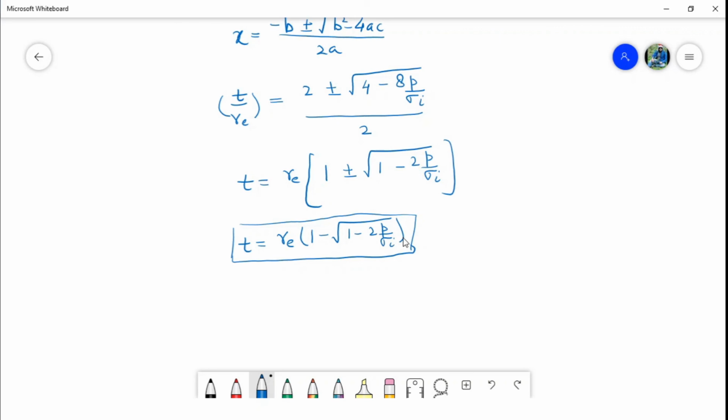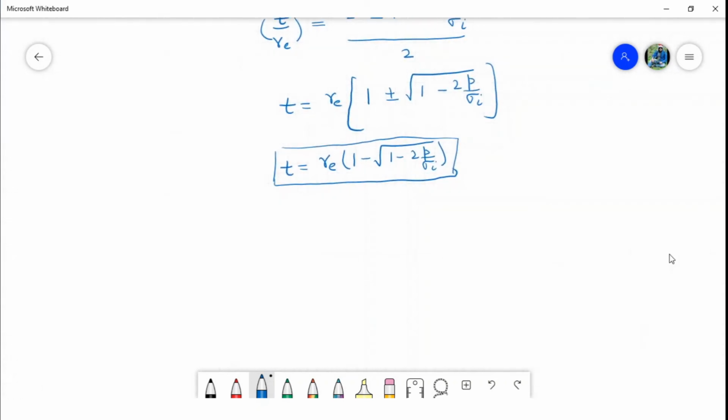Now suppose we want to write the expression of thickness in terms of internal radius.